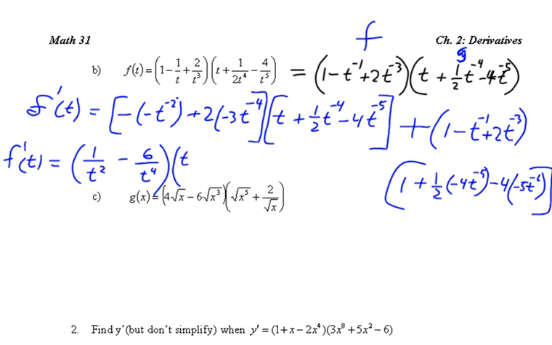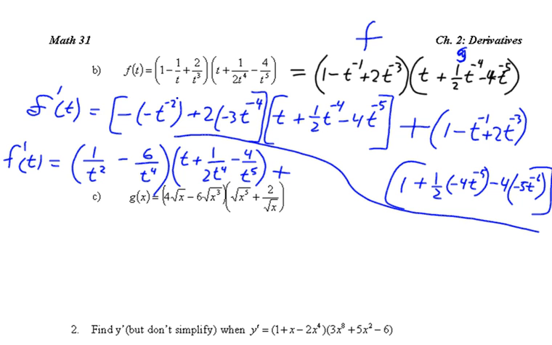And then this bracket right here, t plus 1 over 2t to the 4th minus 4 over t to the 5th. We're halfway there. And then plus, next bracket would be 1 minus 1 over t plus 2 over t cubed. And then this bracket right here, 1 minus 2 over t to the 5th plus 20 over t to the 6th power.